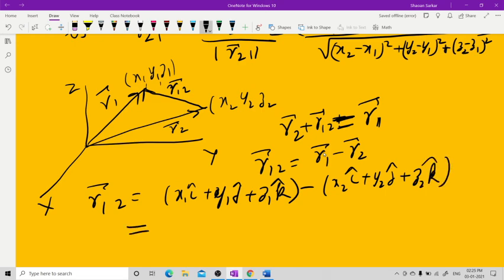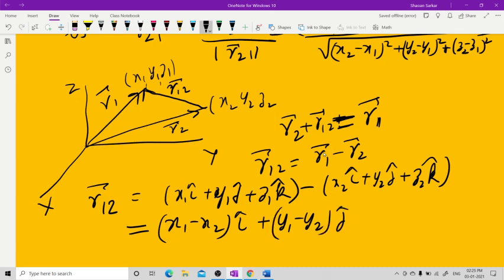This is going to be x1 minus x2 i cap plus y1 minus y2 j cap plus z1 minus z2 k cap.